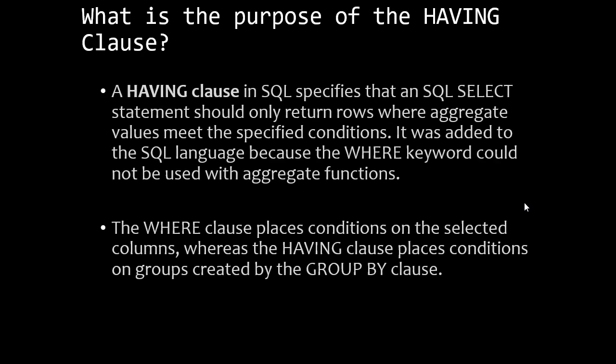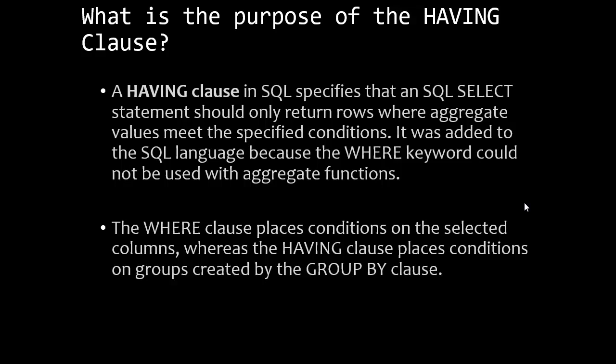A having clause in SQL specifies that an SQL select statement should only return rows where aggregate values meet the specified conditions. It was added to the SQL language because the where keyword could not be used with aggregate functions. In other words, if we want to filter our data like we normally have done in a where clause, but we want to use an aggregate to filter our data, we must do that in a having clause.